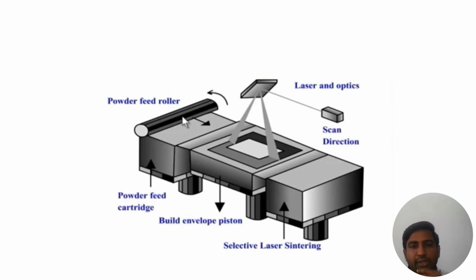Here the powder comes into the compartment. The laser absorbs the metal powder, and the metal powder gets fused. After that, the fused powder solidifies as a layer. So let's move on to the next one.